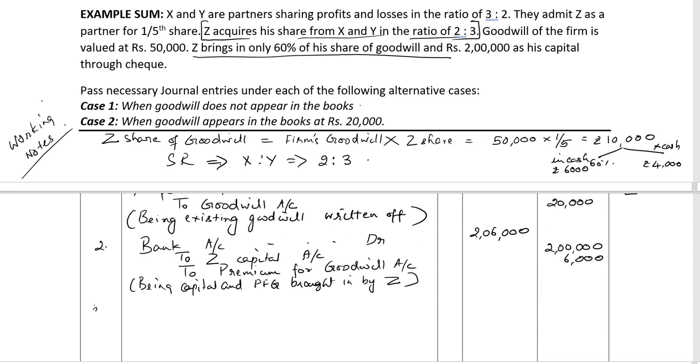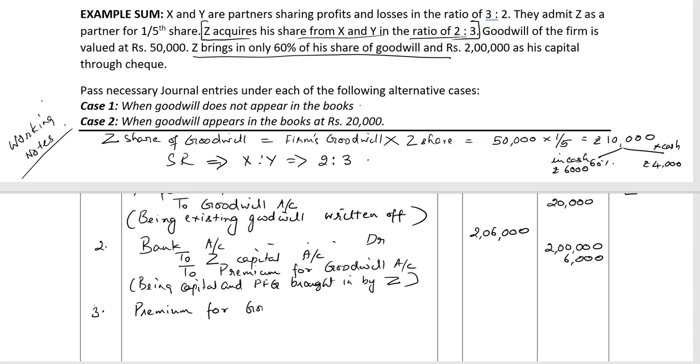Now the third journal entry, we need to adjust Z's share of goodwill, which is rupees 10,000, among the sacrificing partners in their sacrificing ratio. Premium for goodwill account debit the amount of premium for goodwill which is brought in cash by Z, rupees 6,000.